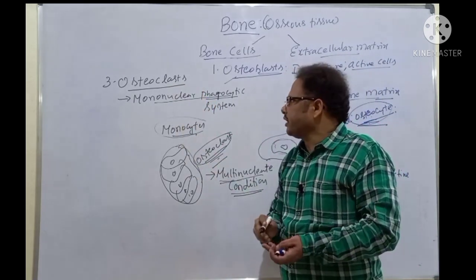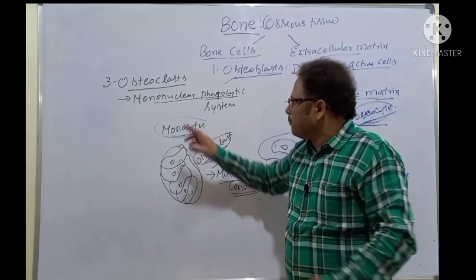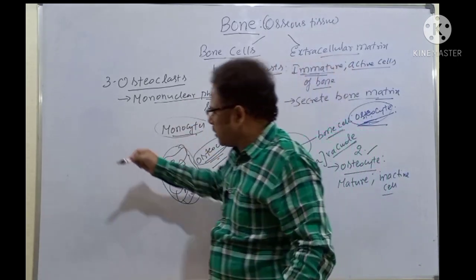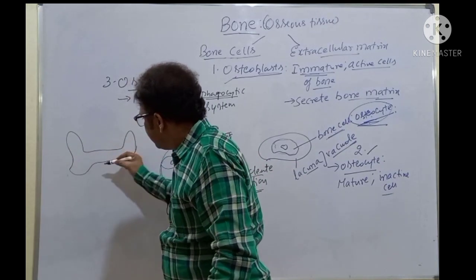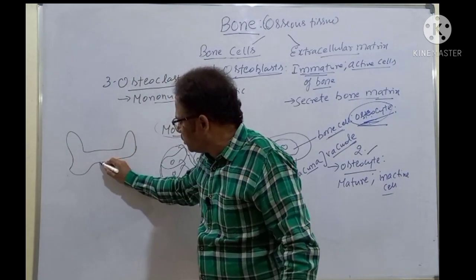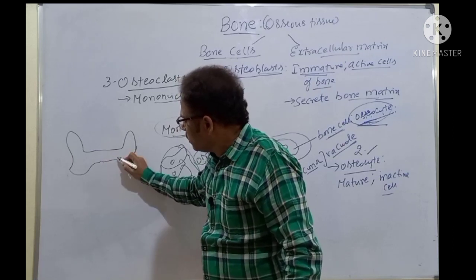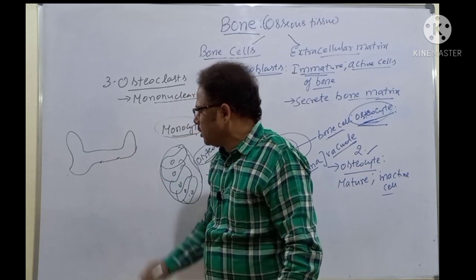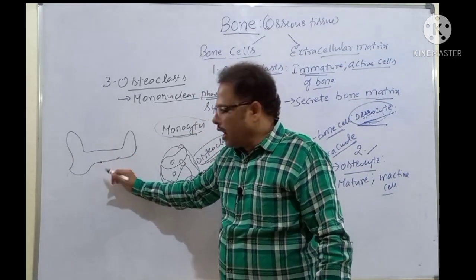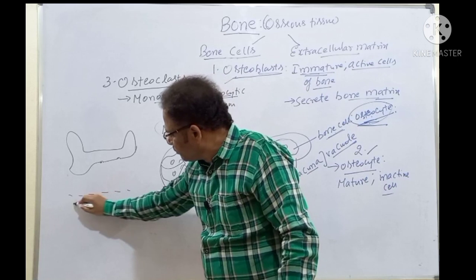Now, what is the significance of this osteoclast? When they come to the bone, for example a rough structure of the bone, they lie in the depressions of the bone. For example, these are the depressions of the bone, and here is an osteoclast. They lie like this. And here, for example, is blood.